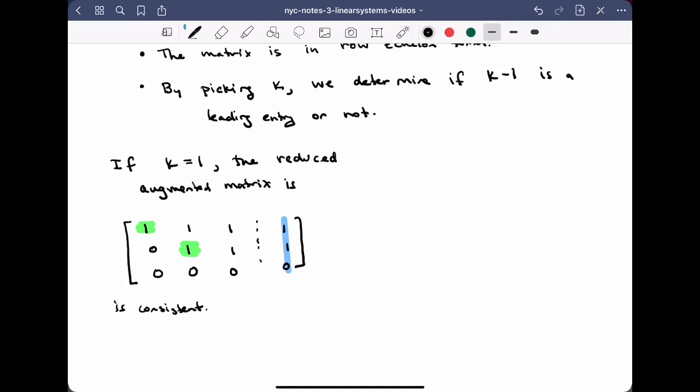Furthermore, I can see that I have 2 leading entries and 3 variables. Therefore, when k is equal to 1, this linear system has infinitely many solutions.